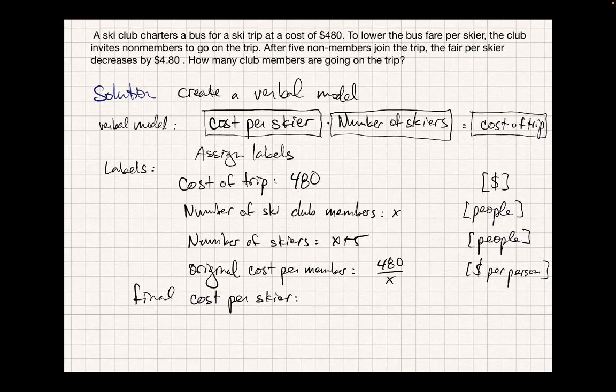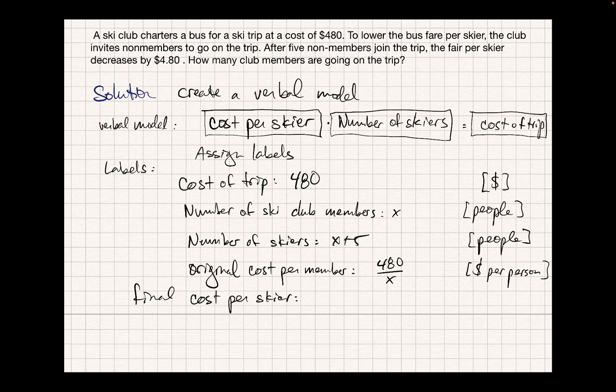X minus 4.8? The fare per skier is decreasing by 6. The original cost per member. It literally says the original cost per member.